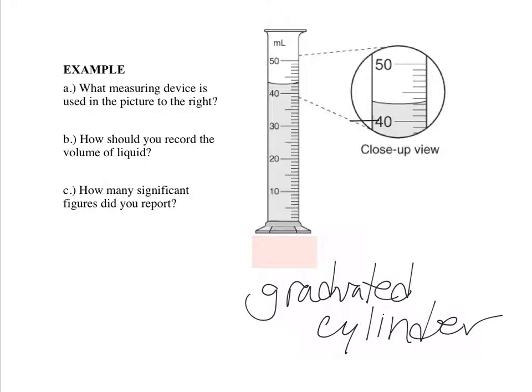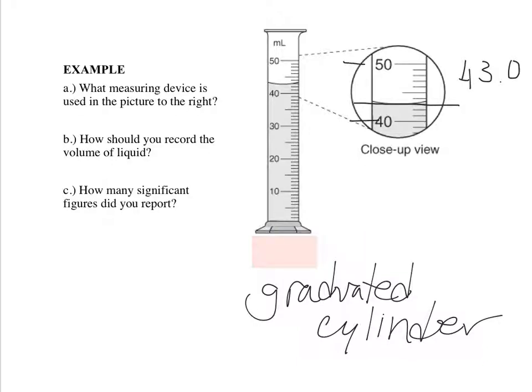Well, if we look at our close-up view here, I see that it is definitely greater than 40 and less than 50. Well, not only that, if I count these increments, I see that they're by ones. You're looking at the bottom of that meniscus when you get at eye level. And I see that it's definitely greater than the 43. It's less than the 44. But in fact, I'm going to say it is right on the 43.